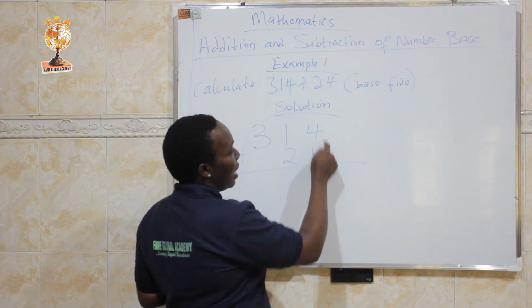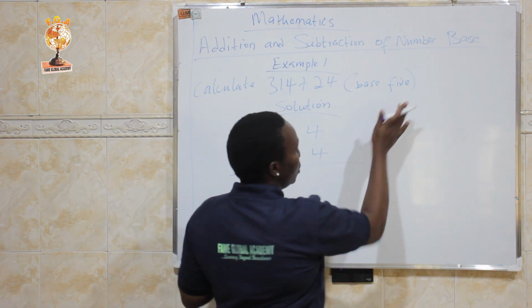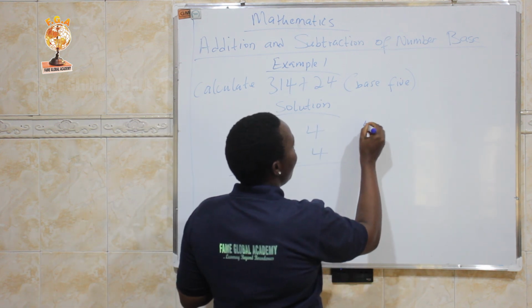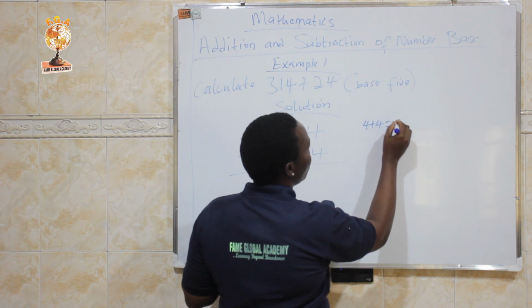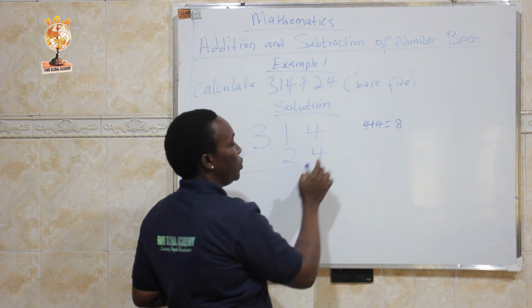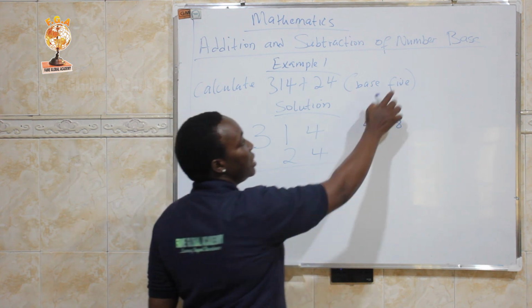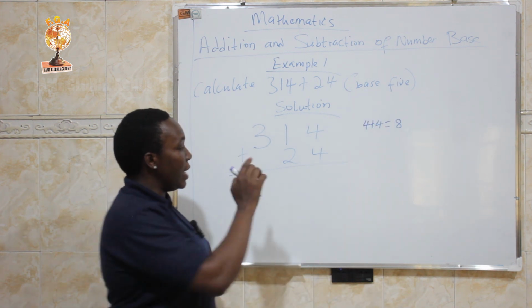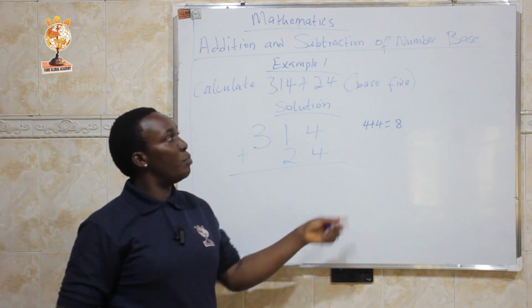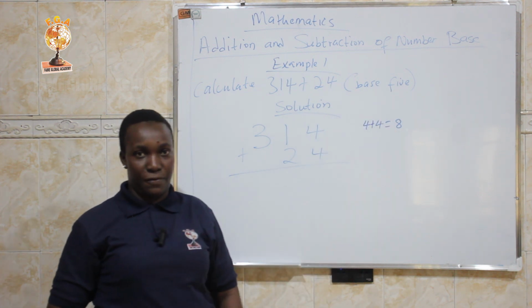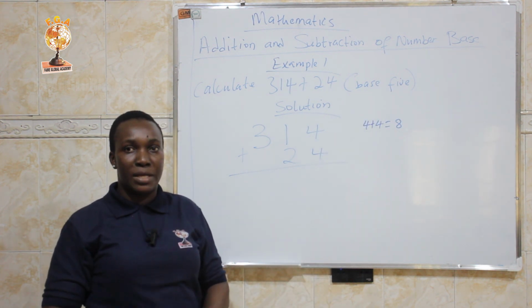The first thing we are going to add is 4 plus 4. Okay, so let's put our solving here. We have 4 plus 4. Our answer is 8. Now this 8, you can't write 8 here because 8 is bigger than 5. Any answer you're going to write here must not be bigger than 5, because you are working in base 5.